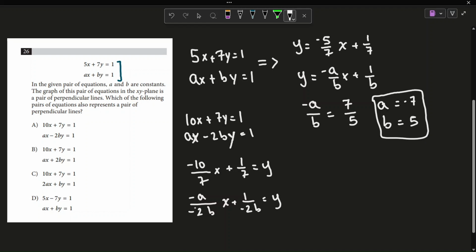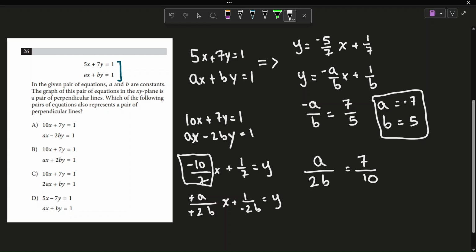Since both the numerator and the denominator have negatives in them, we can cancel those out and that becomes positive. So we have to equate a over 2b to the negative reciprocal of the first slope, and that is 7 over 10.